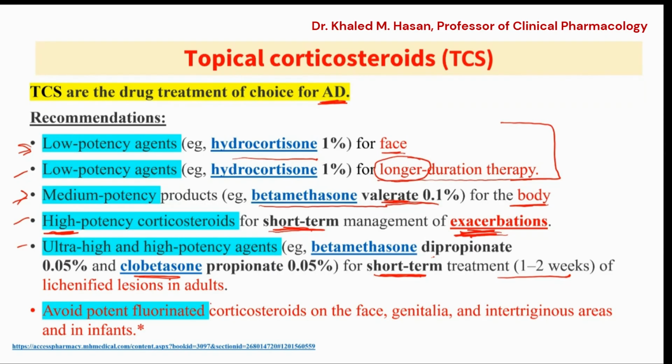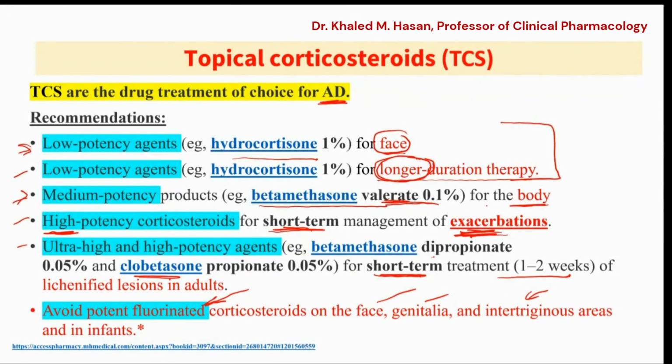Here we have some advice. Avoid potent fluorinated cortisone on the face, genitals, and folding skin, such as under the breast or under the armpit. So remember this category: what type of cortisone we apply to the face, what type we apply for long-term duration. You can create these questions and ask yourself or your classmate.